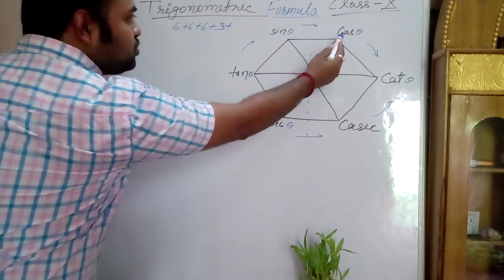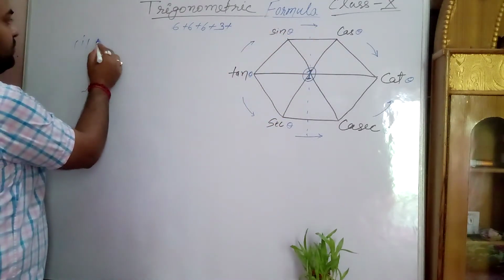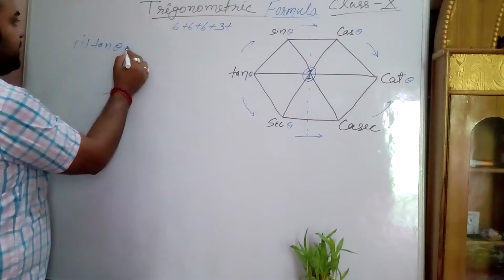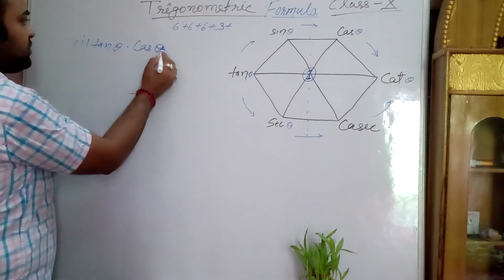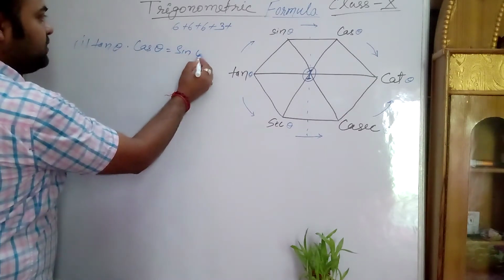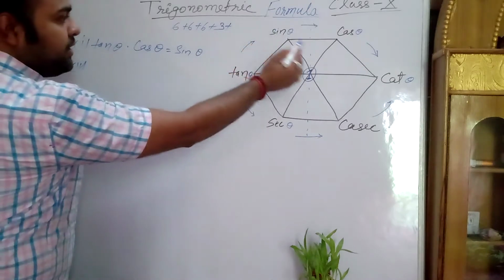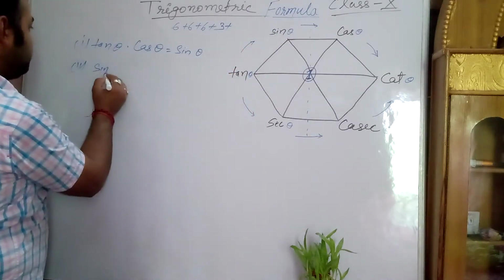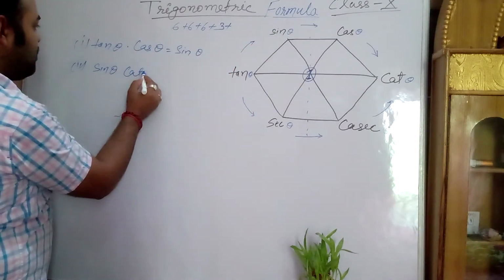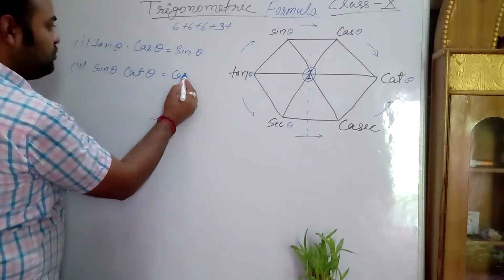Now we are going to take this type of rotation, one gap. By multiplying these two, we get this. First one, tan theta into cos theta is equal to sin theta. Second, sin theta into cot theta is equal to cos theta.